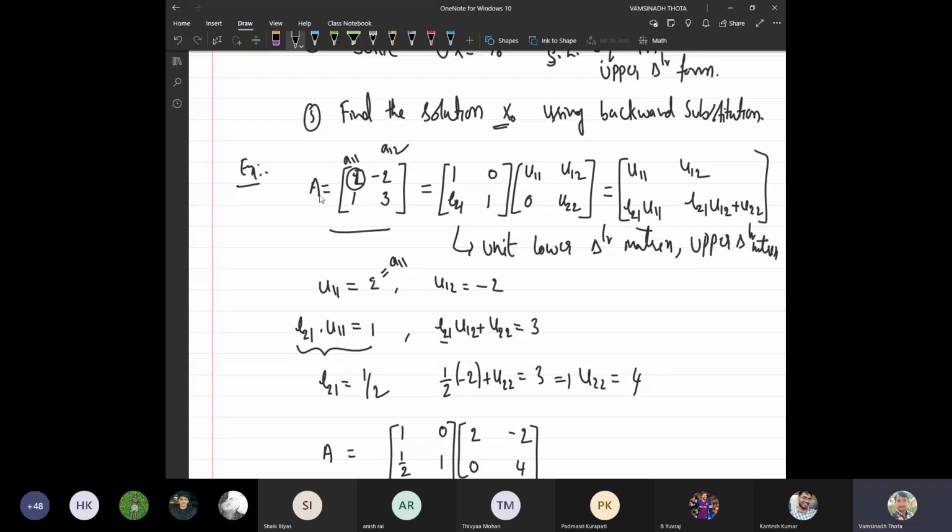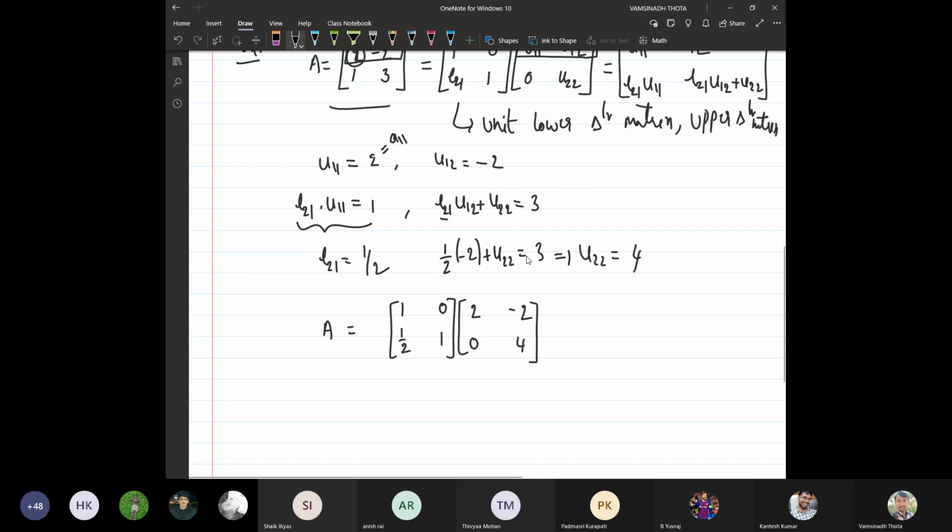A11 is clear, we have utilized it here. U11 is nothing but A11. In fact, if you are writing the unit lower triangular matrix, then the first row of the upper triangular matrix is the same as the first row of the given matrix, for any order, not only for 2 by 2.